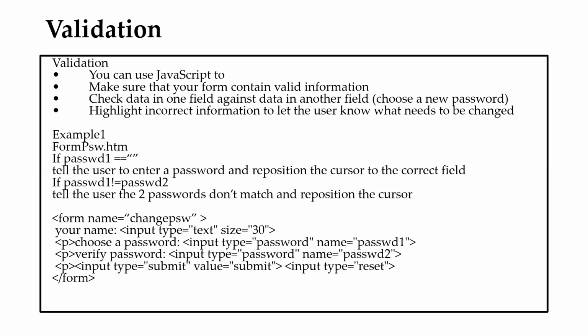Type your name using an input element, with the size of the input text equal to 30. Then choose password, with the name password1, and then verify password, the second password, of type password, with a submit button and a reset button.